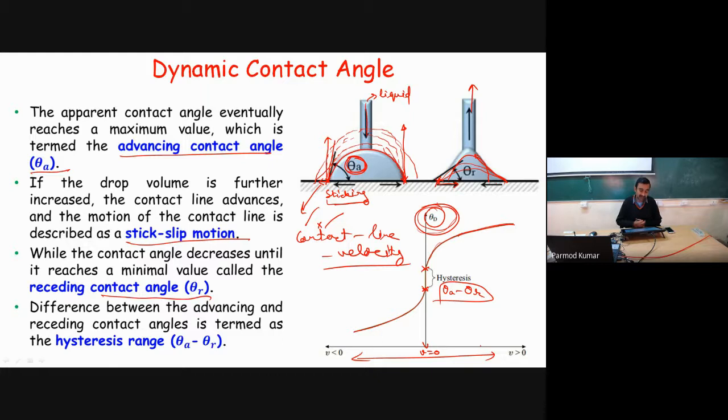That is why the contact angle I am referring to for moving contact lines is the dynamic contact angle, and accurate modeling of the dynamic contact angle is very important to determine the accurate dynamics of the droplet, which may have significant control on different heat transfer parameters.